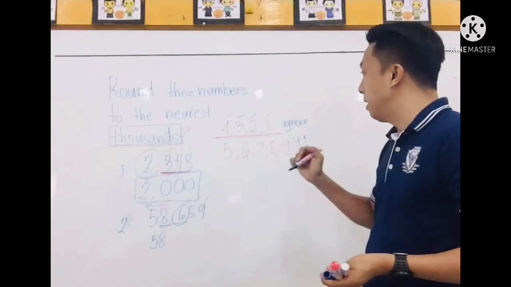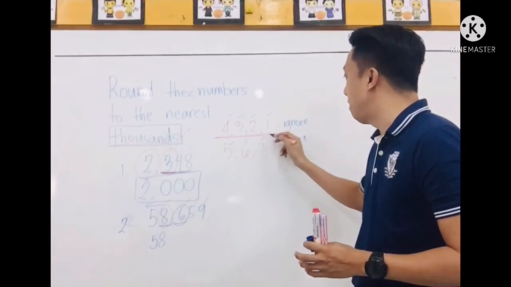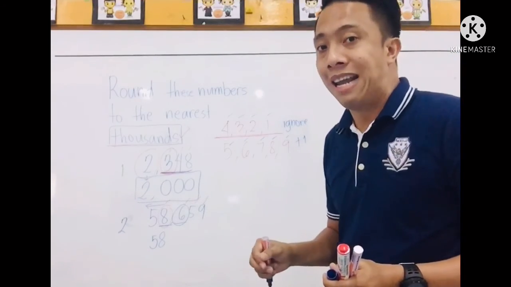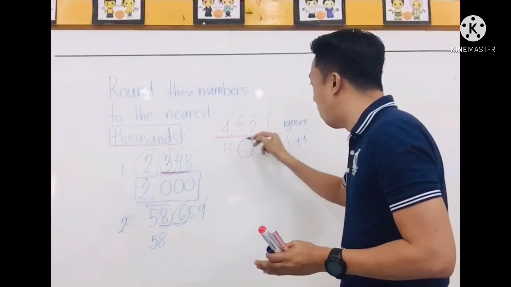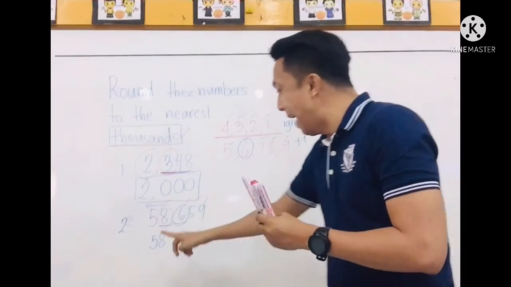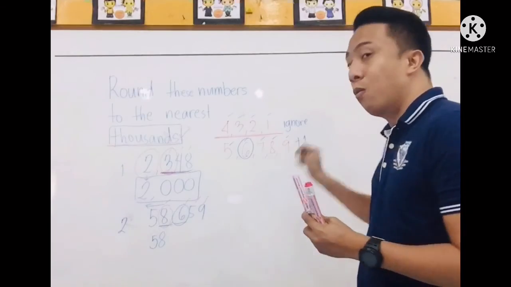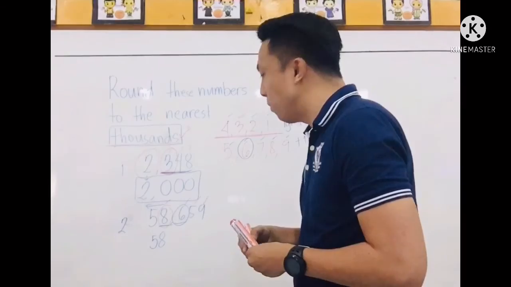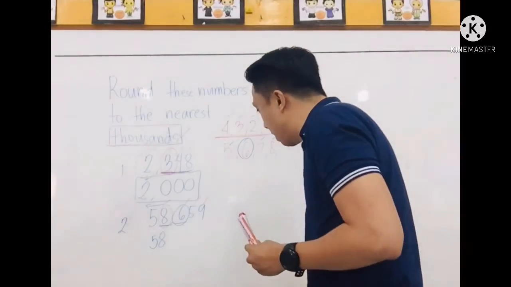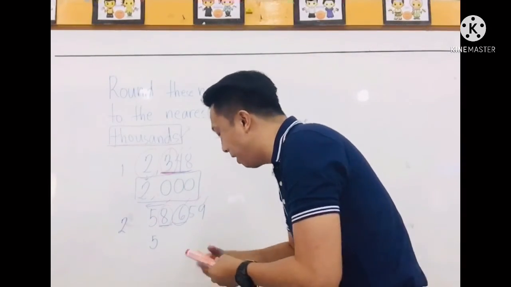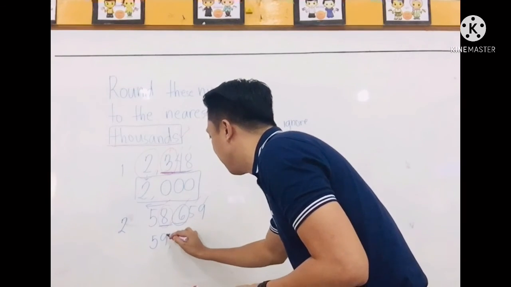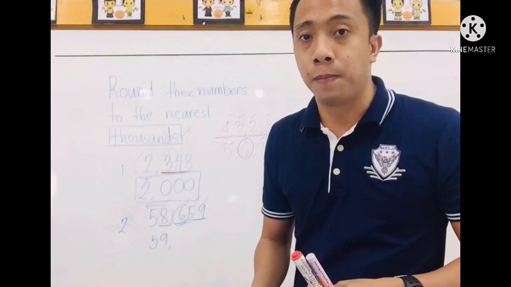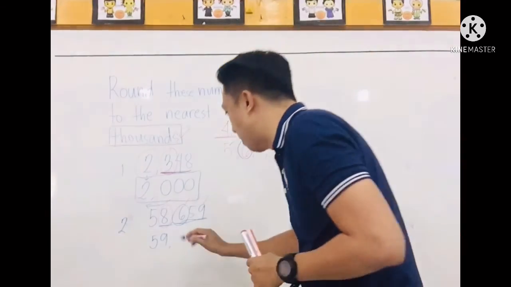In plus 1, the number must be 5, 6, 7, 8, or 9. So where is 6? Yes, in plus 1. Since we need to add 1, 8 plus 1 is 9, so 8 will become 9. And then what will happen to these 3 numbers on the right side? They will become 0.